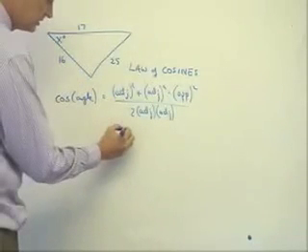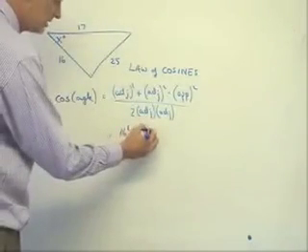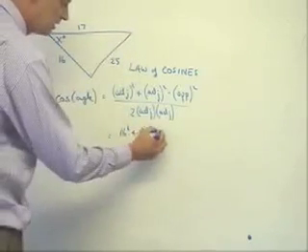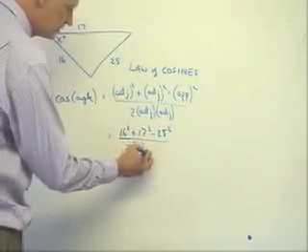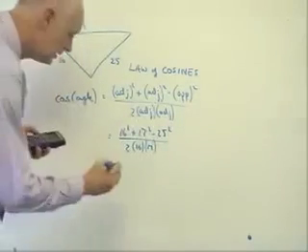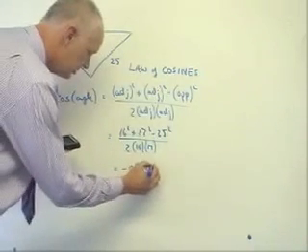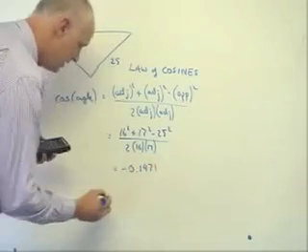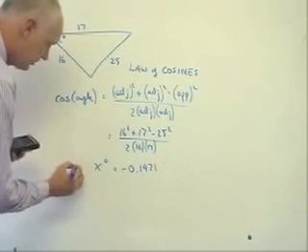Adjacent squared could be the 16 squared, plus the other adjacent squared, 17 squared, minus the opposite squared, 25 squared, all over 2 times 16 times 17. We get the answer, negative 0.1471, and that's for cos x.